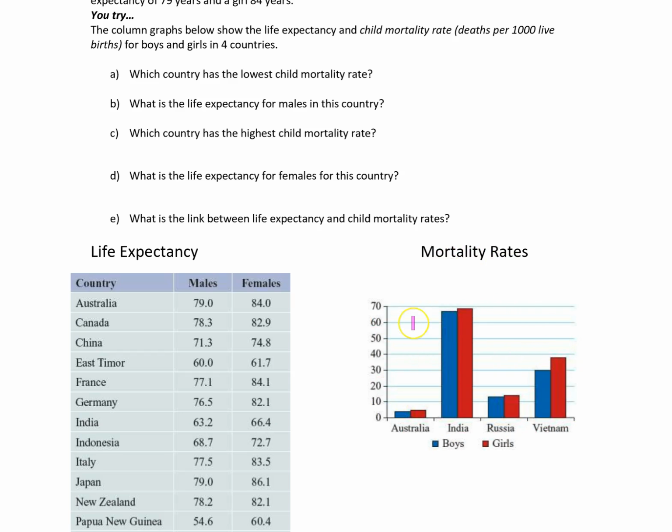This is the age of death. No, it's not. It is the mortality rate. So in Australia, we have very low mortality rate for children. In India, it's very high. Russia is not so high.